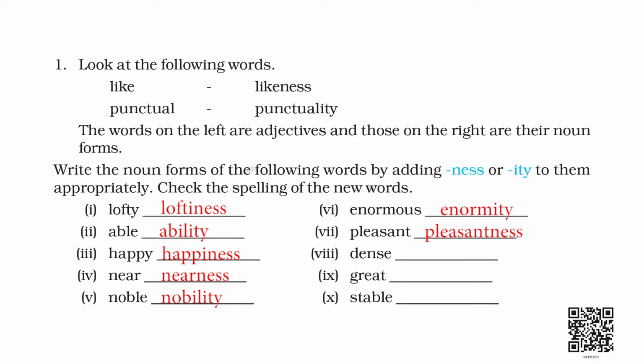Right. Dense. Yes, of course, it has to be ity and it is density. We know the word. Next one, great. What do you add? Yes, add ness to it, it's greatness. The last one, stable, add ity and it becomes stability. Very good. We have just done it correctly.